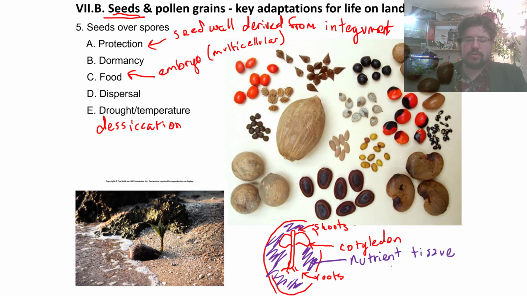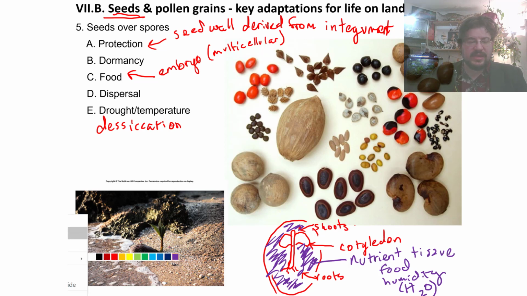This nutrient tissue provides both food and humidity to our embryo, giving it essentially water and food so that it can keep itself alive inside the seed. Pretty big advantage over spores.